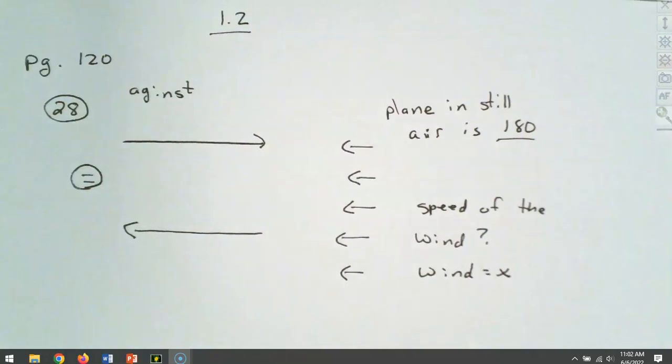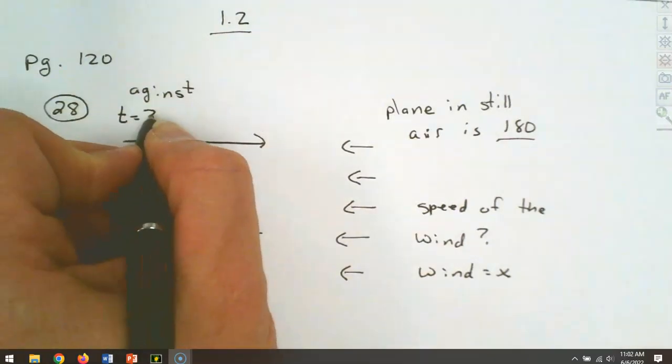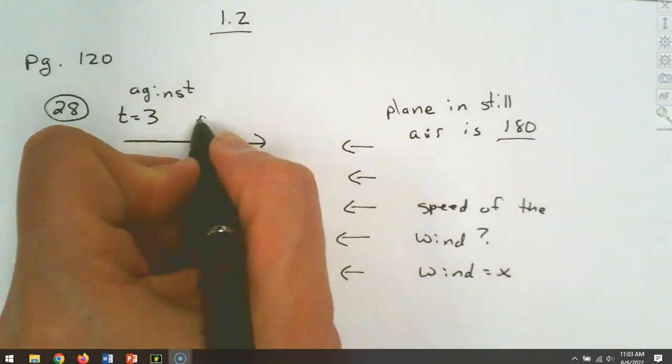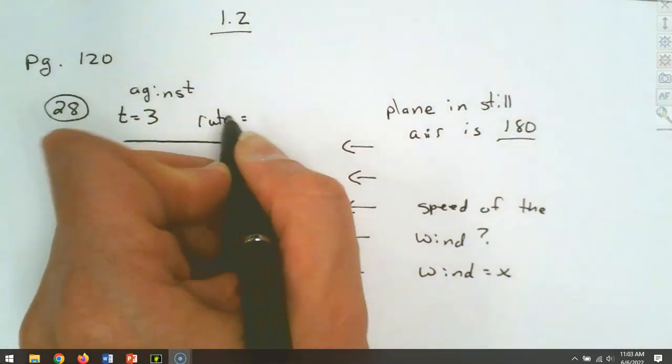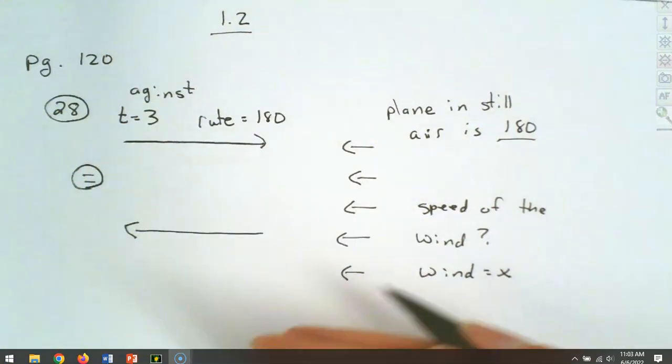Now, if I'm traveling against the wind, meaning that wind is going to push it back, then my time is 3 hours to get to my destination. Now, what about the rate? How fast am I traveling here? Well, my rate of speed is the airplane speed of 180. And then what's happening with the wind?